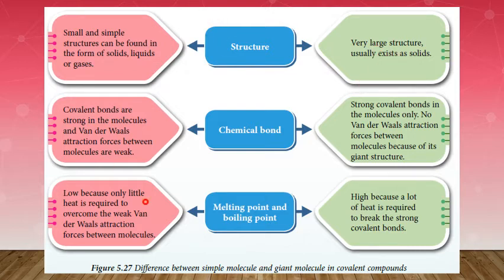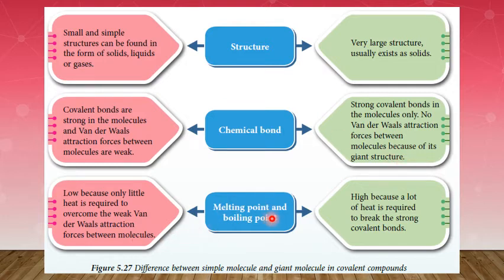For the chemical bonds, in simple molecules the covalent bonds are strong within the molecules, and the van der Waals attraction forces between molecules are weak. For giant molecules, there are strong covalent bonds in the molecules only, with no van der Waals attraction forces between molecules because of the giant structure.